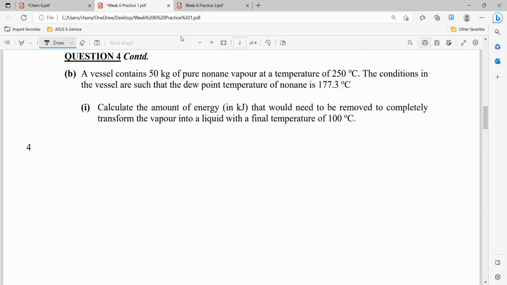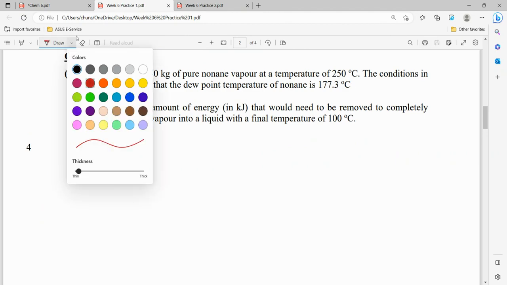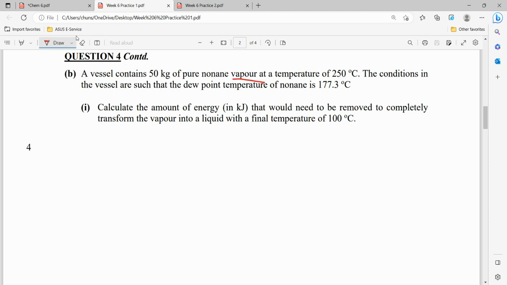Okay, so let's take a look at this question. We are going from a vapor phase and we are at a temperature of 250 degrees Celsius.